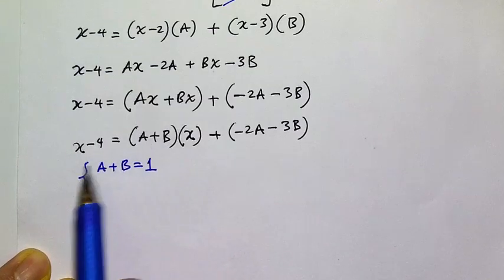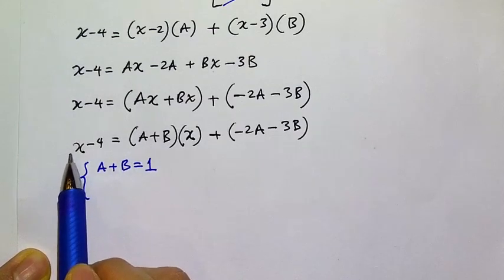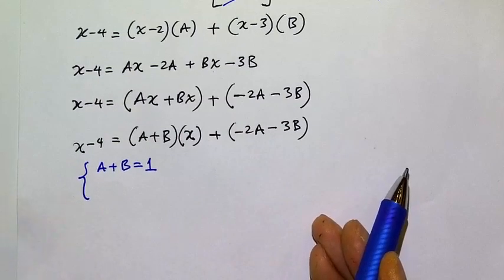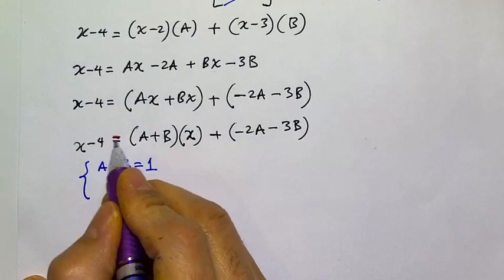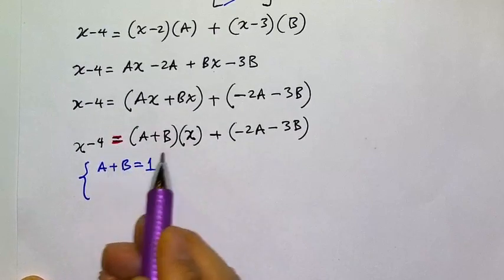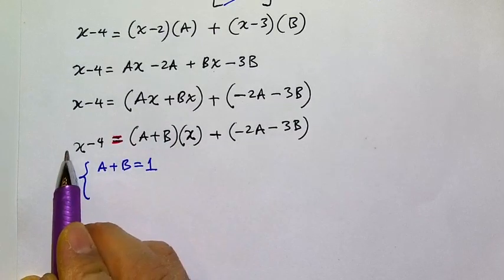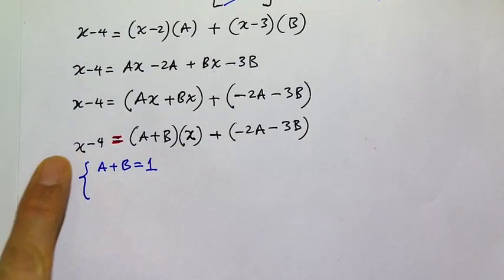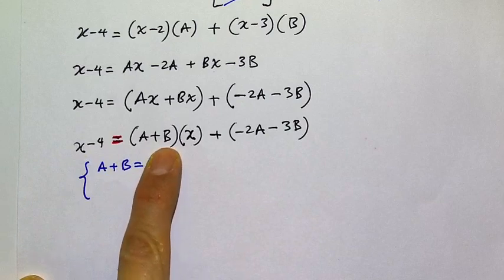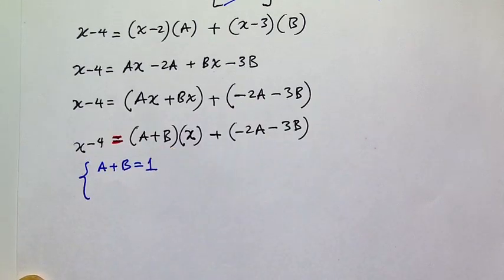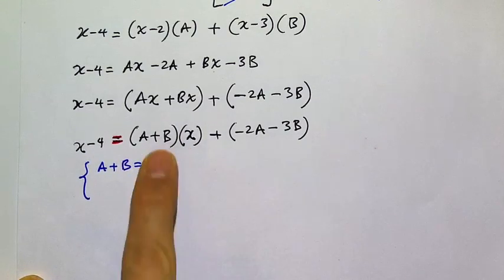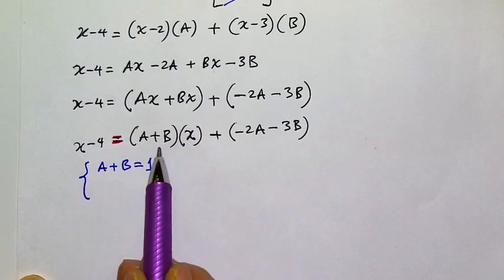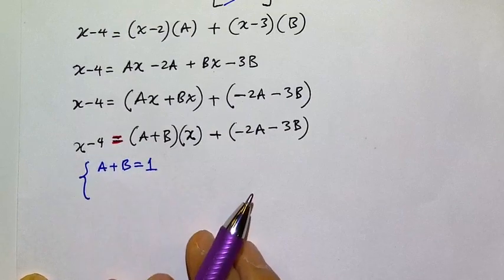Otherwise, if a plus b is not equal to 1, which is the coefficient on the left side, then the left and the right cannot be equal. But we're saying that the two sides should be equal. So the coefficient of x on this side should be equal to positive 1. We know what the coefficient of the x is on the left side, but we don't know what it is on the right side. But we do know whatever a and b are, they should add up to 1. Otherwise, we can't have this equation. So a plus b must be equal to 1.